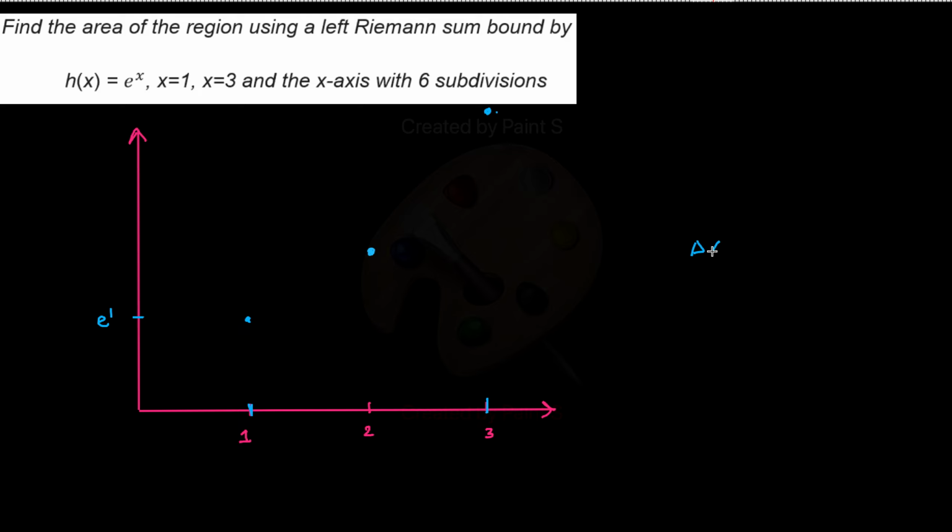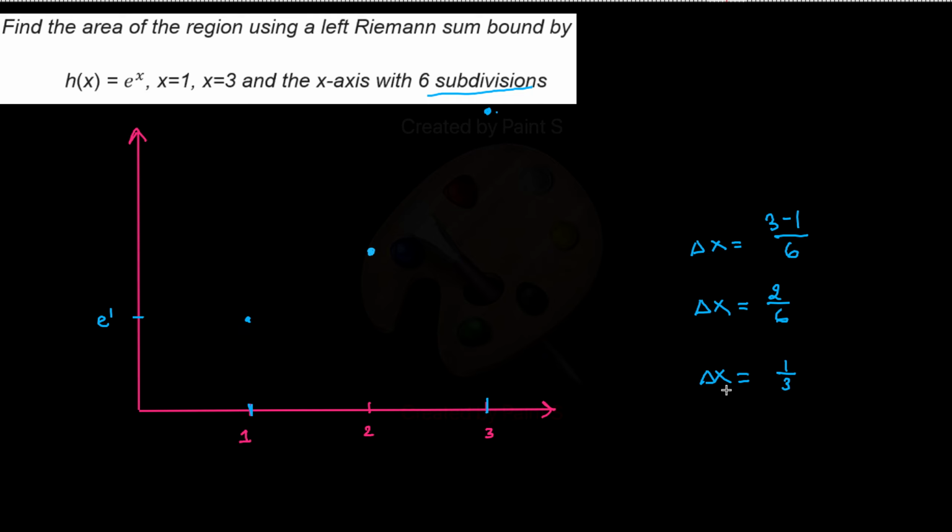Delta x is going to be 3 minus 1 over however many rectangles there are. That's the 6 subdivisions, 6 rectangles. 2 over 6, so delta x is 1/3.